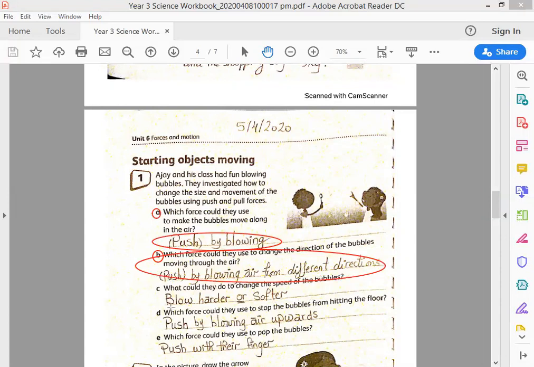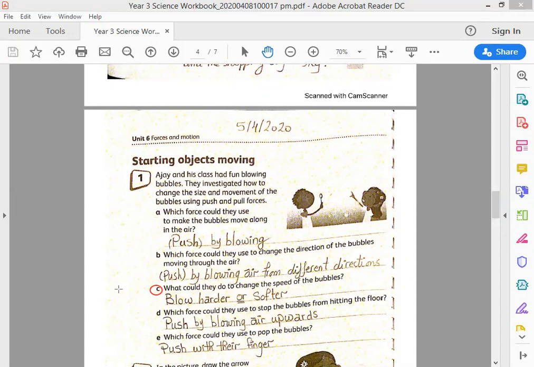Okay. Question C. He asked you what could they do to change the speed of the bubble. Do you want the bubble to move very quickly or very slowly? How are they going to change the speed? Yes, if you blow harder, you are going to push the bubbles very fast.